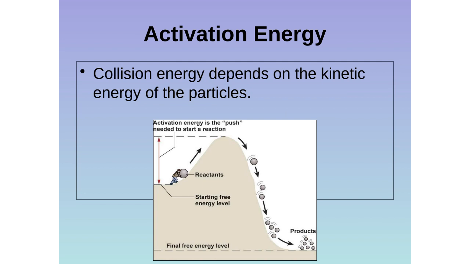Here is a visual to show you how these reactant particles need some activation energy to get the reaction going. Here are some reactants right here, and in order to make our products, which we see down here, the reactants need to overcome an activation energy barrier.